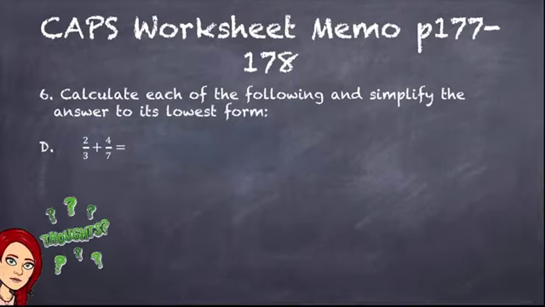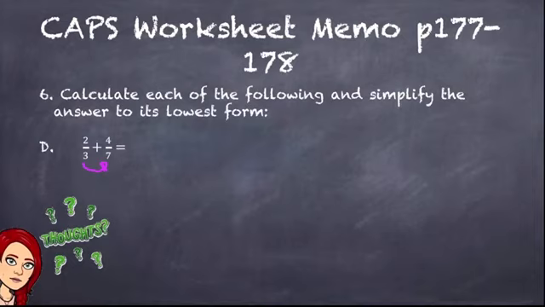Now it's a bit tricky because if we look here, 3 isn't a factor of 7. I need to find the lowest common multiple of these two fraction denominators in order to be able to add them. Remember we said the lowest common multiple, we find the prime factors and then we multiply. 3 and 7 are prime factors, so I'm just going to multiply them to each other.